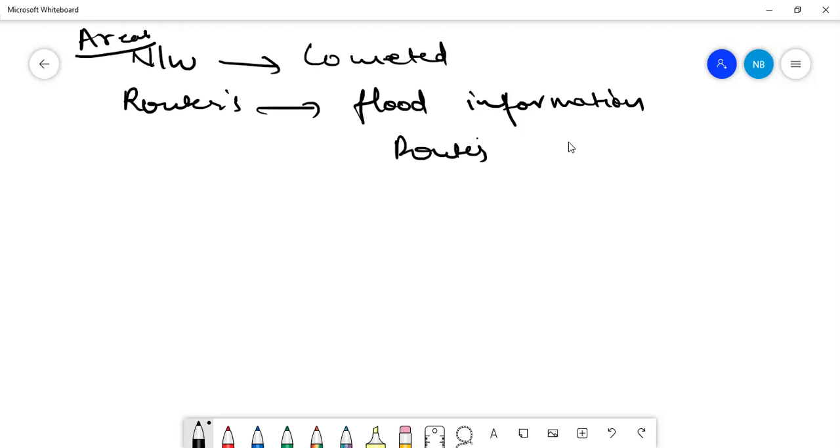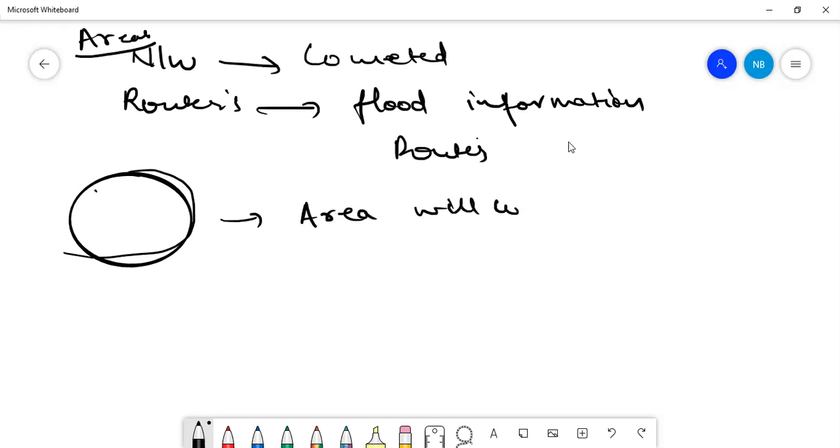So there is one more router. If we consider this an area, this is the border line we also say. So every area will contain a border.